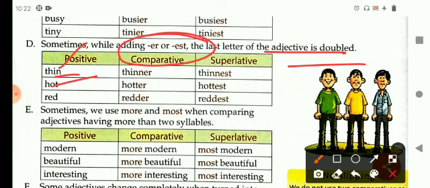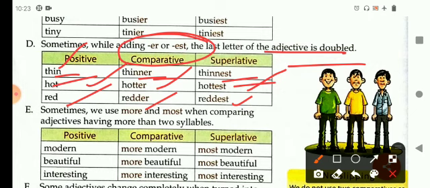We have to double the last consonant of the word. Suppose thin, positive word, ending in n, that is the consonant. So here, to make the comparative degree, we'll just double the last consonant, thinner, double N-E-R, and thinnest. To make the superlative degree, double N-E-S-T. In the similar way, hot, hotter, hottest, red, redder, and reddest. Here, the consonant is doubled to make the superlative and comparative degree.